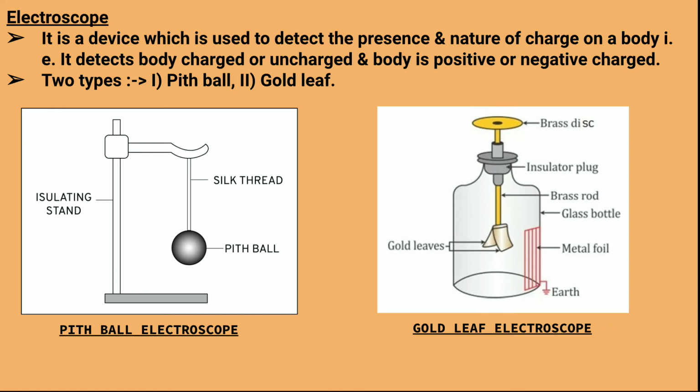It has two gold leaves which are attached on the other end of the rod, which is inside the glass bottle. The glass bottle has an insulator plug at its mouth, and there's a metal foil inside the glass bottle, and that is earthed. That is connected to the earth.